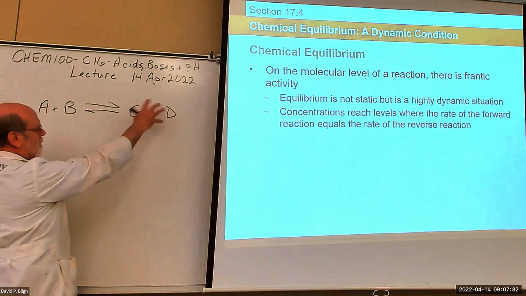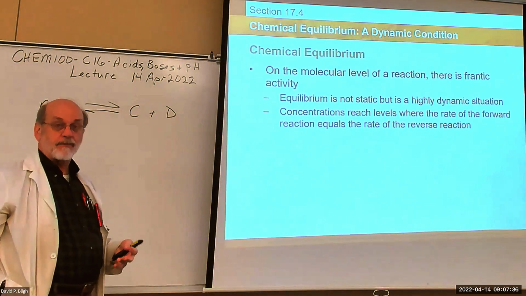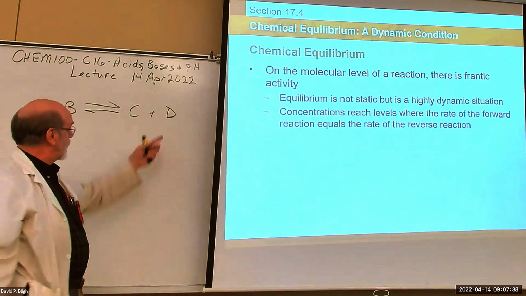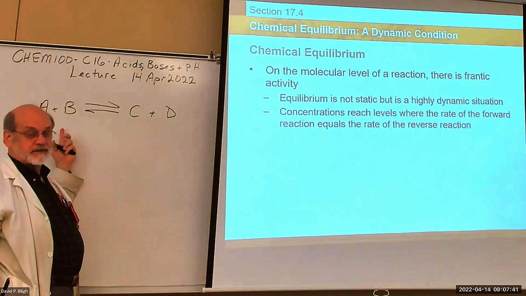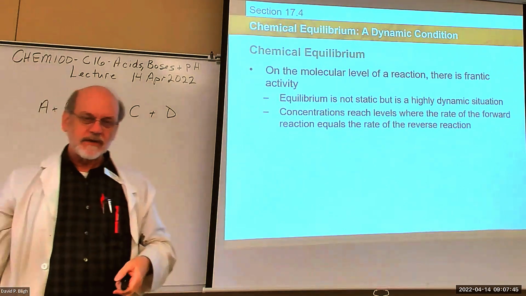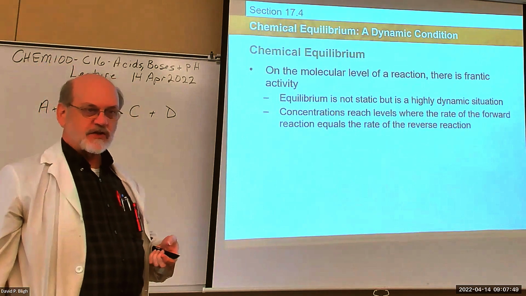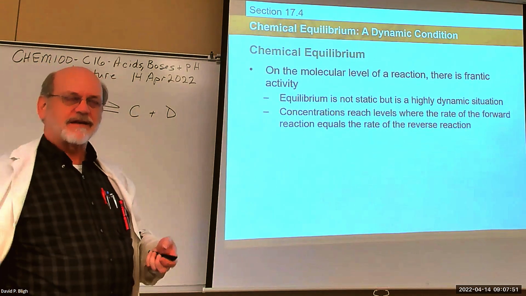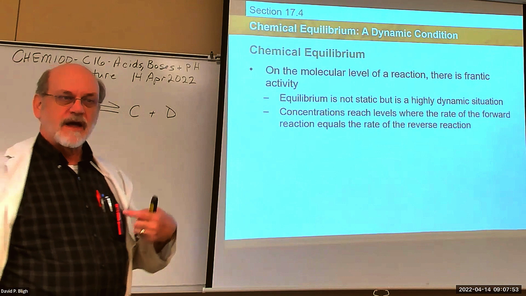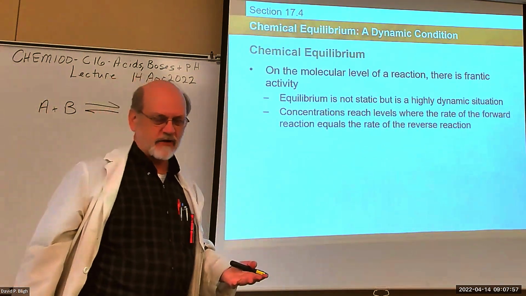So you build up a certain number of products. Well, the products are perfectly capable of reacting and producing reactants again. So you get this forward and reverse reaction. That chemical equilibrium is a very important concept in chemistry and is used extensively to understand how reactions occur and to predict the outcome of reactions.